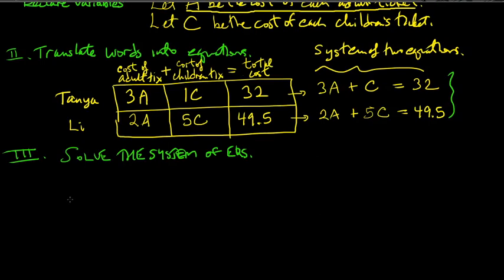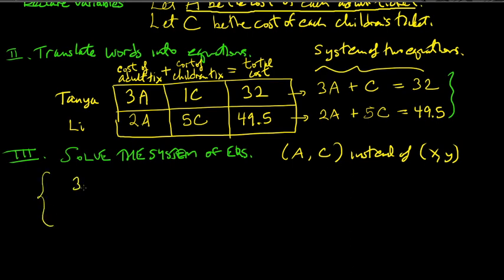We're using A and C, right? So we're looking for an ordered pair, A and C, instead of, say, x and y. But it's the same idea, right? So the system of equations is 3A plus C is equal to 32. And the second equation is 2A plus 5C is equal to 49.5.